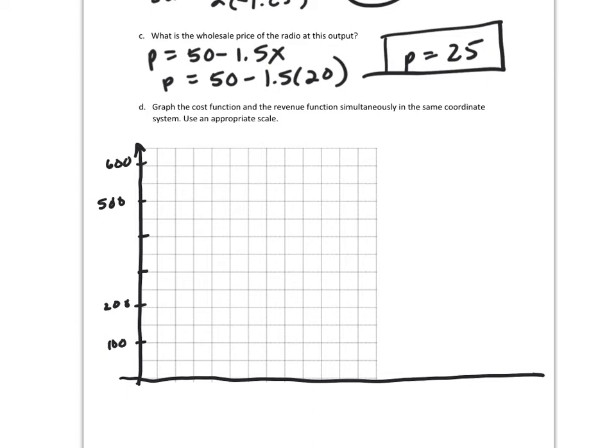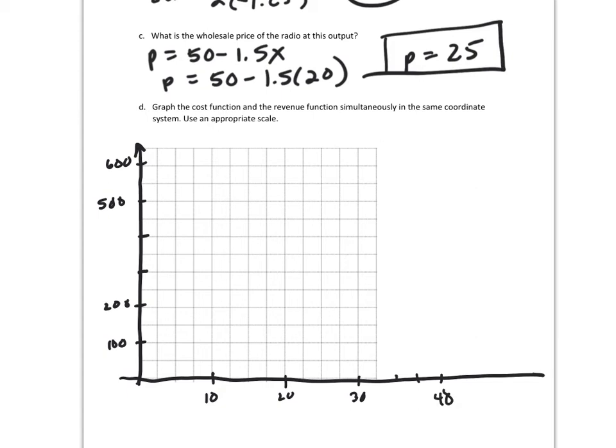Okay, graph the cost function and the revenue function simultaneously. Okay, and 1, 2, 3, 4, 1, 2, 3, 4. X, of course, is my units. 1, 2, 3, 4, 20. 1, 2, 3, 4, 30. 1, 2, 3, 4, 40.